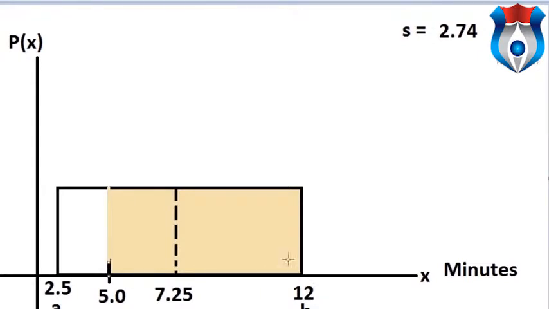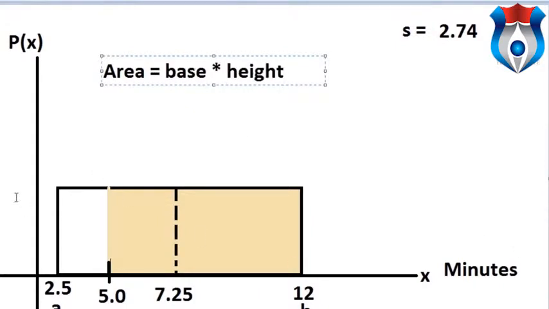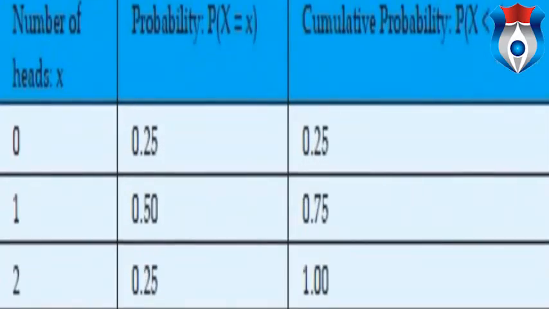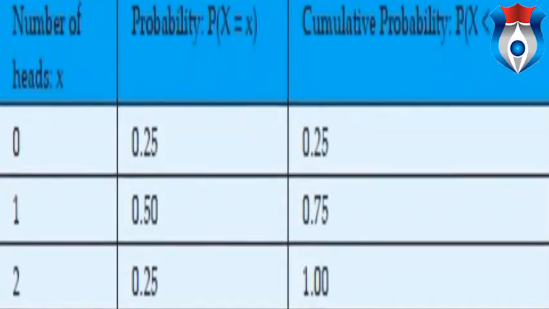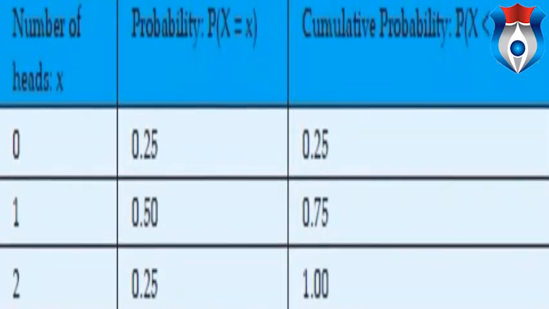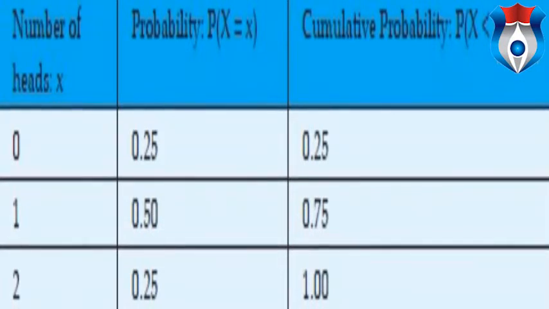Like a probability distribution, a cumulative probability distribution can be represented by a table or an equation. The cumulative probability refers to the probability that the random variable X is less than or equal to x, as follows. Uniform distribution. The simplest probability distribution occurs when all of the values of a random variable occur with equal probability.